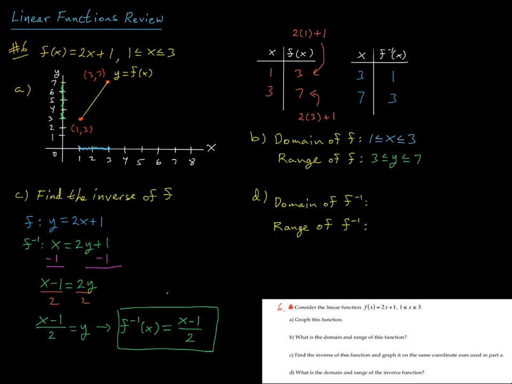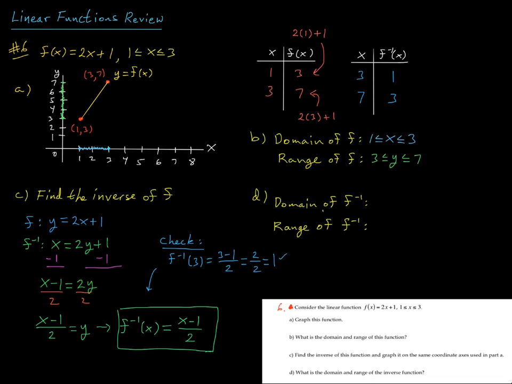And notice we can check that if I input, say, 3 for x into my inverse, I actually will get 1. And likewise, if I plug in 7 for x, let's just, as a little check here, verify that that does work. So if I input 3 for x into the inverse function, I'm going to get 3 minus 1, and then divide that by 2. 3 minus 1 is 2, divided by itself is, in fact, 1.